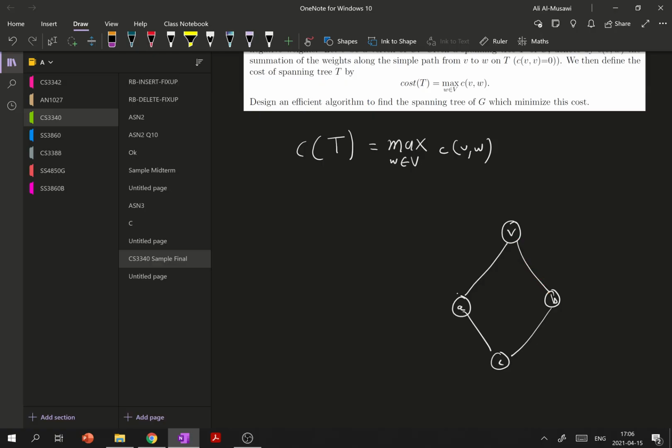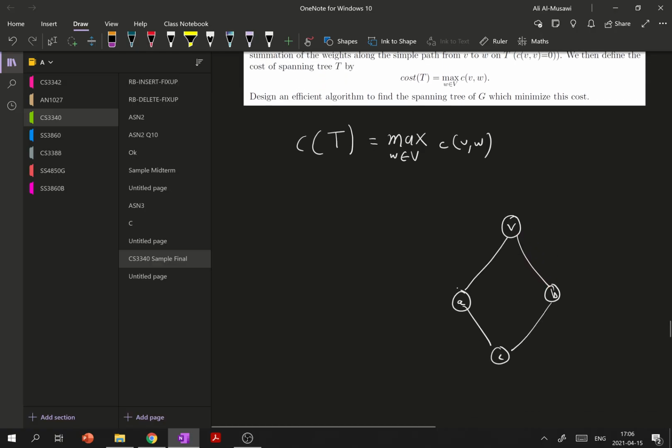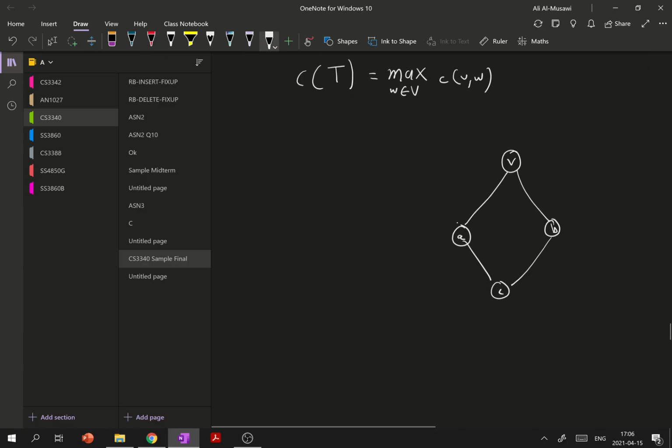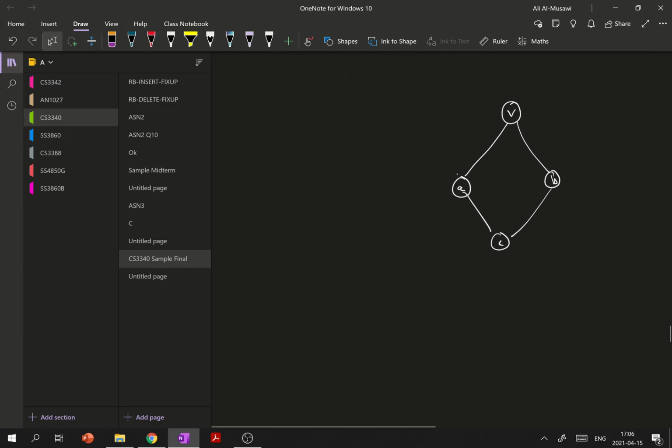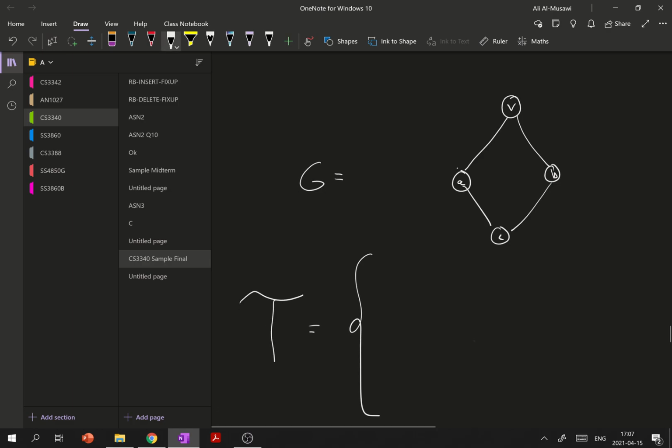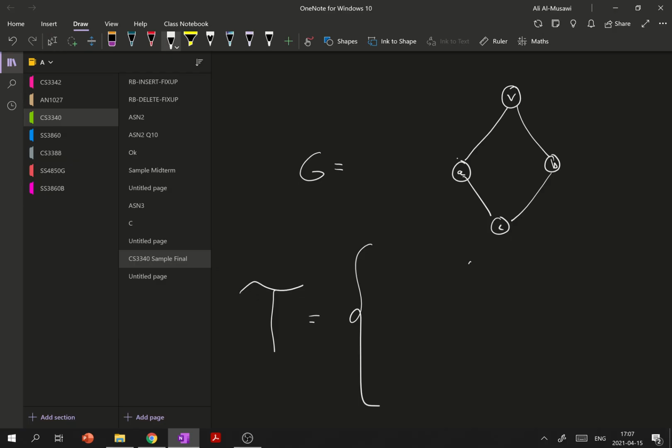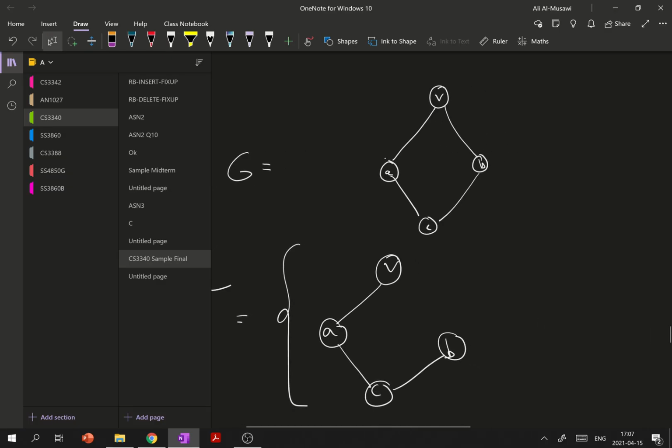So what we do is consider all spanning trees of this graph, and there's a lot of them as well. I'm just going to give a sample. If this is my G, then the set of all spanning trees would include something like this one: B to A to C to B. This is one spanning tree.